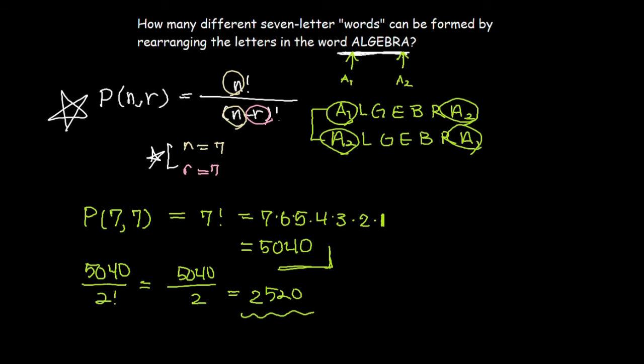If I want to give you some other examples, they might include the word icicle. This is a word I really want to give as an example, because it's a little bit different. Remember that in the word algebra, only the letter A repeats twice. But in this word, the letter I repeats twice, and the letter C repeats twice.